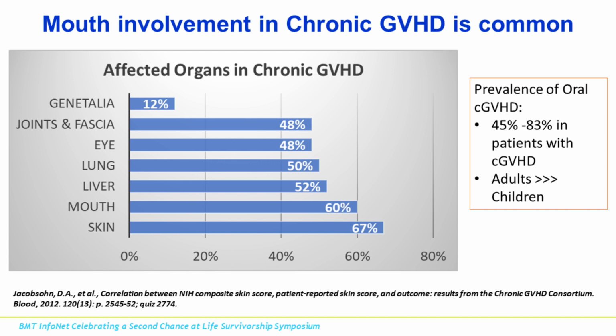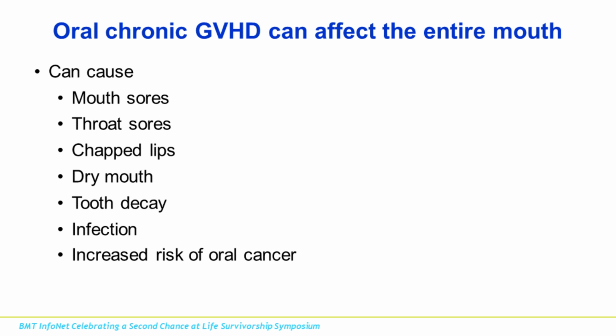So we are going to go through some of the common as well as some of the rare but more serious complications that can be seen in patients with GVHD. The second most common site affected by GVHD is the mouth, so that's what we are going to talk about.